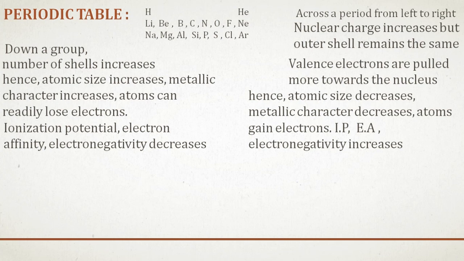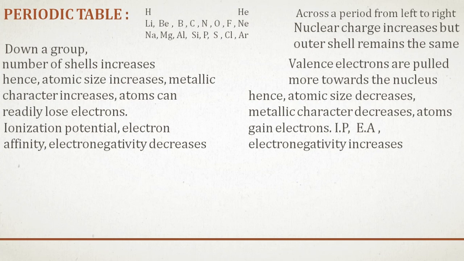Like fluorine, it has 7 valence electrons, so it can just add one electron. Oxygen can add 2 electrons because oxygen has 6 valence electrons. But the opposite, removing those 6 or 7 electrons, is quite a difficult process. Taking 1 or 2 electrons is easier than removing those 6 or 7 electrons. That is why it is written that atoms gain electrons.